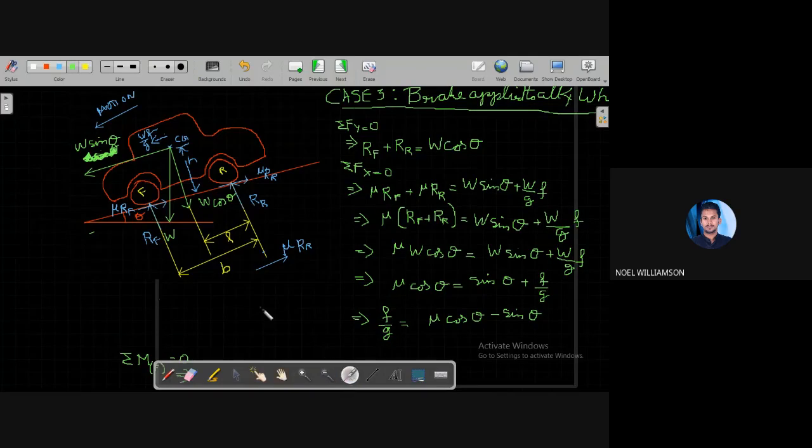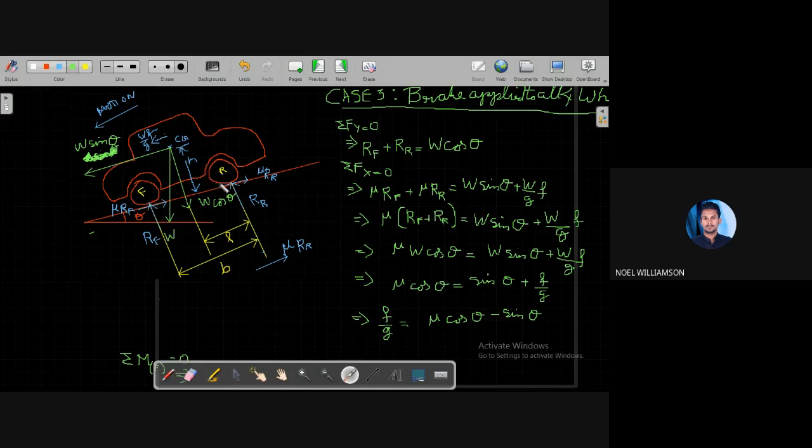Force mu Rf is passing through this point, so the moment will be 0. Mu Rr also passes through this point, therefore moment due to mu Rr will also be 0. Now Rf also passes through this point, so its moment about this point will be 0.